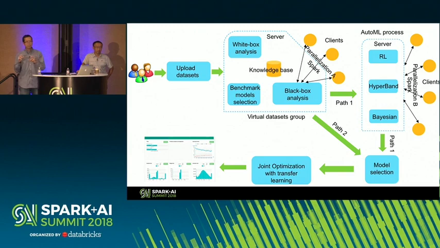If this data set belongs to an existing virtual data set, we do not do the AutoML process, and can reuse the model of this virtual data set. When it does not belong to one, we do the AutoML process.